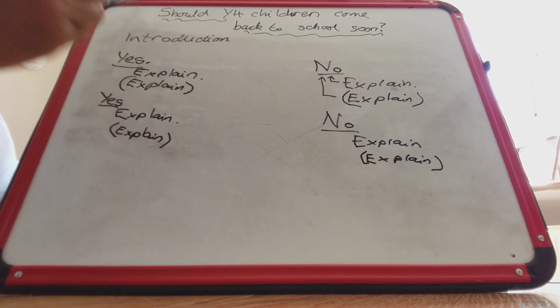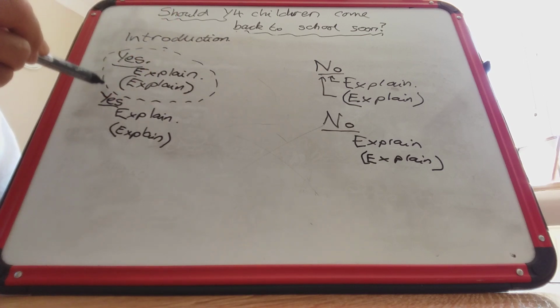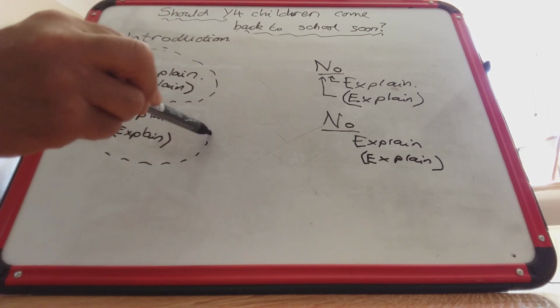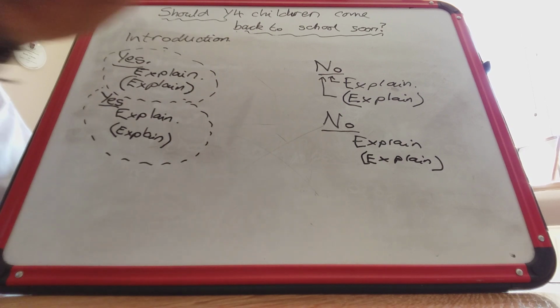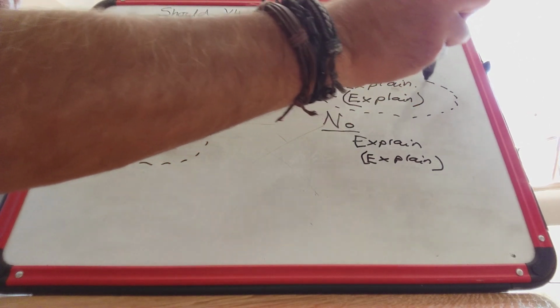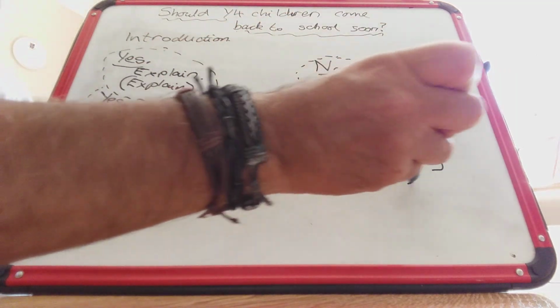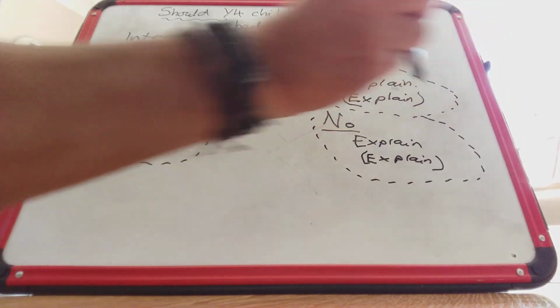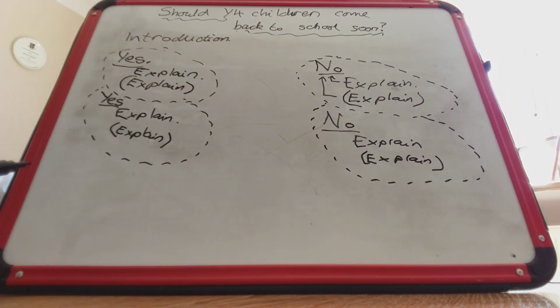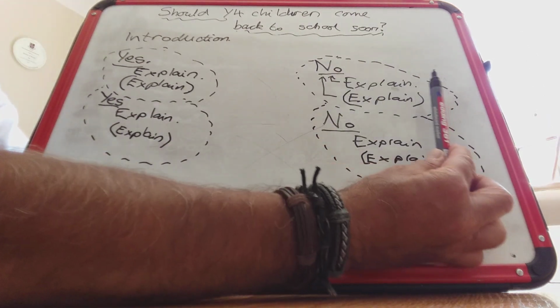We've got introduction, we've got one paragraph which says yes, we should do this, a second paragraph which says yes, we also should do this for a different reason. We've got one paragraph which says no, we shouldn't do this because. We've got another paragraph which says no, it's not a very good idea, so let's not do it. And that's basically it.